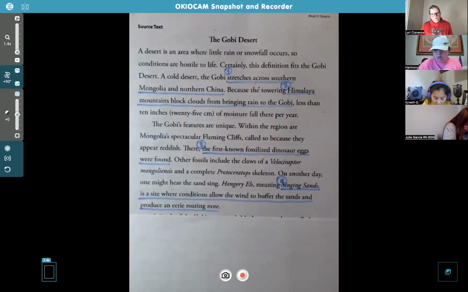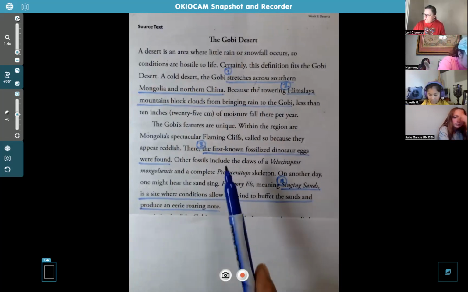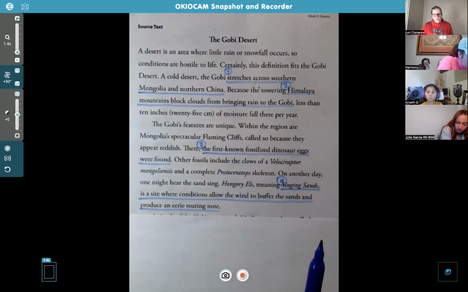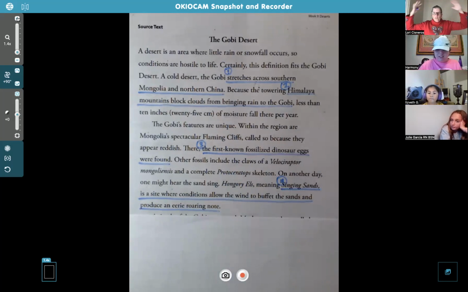So there's some other facts that are in there. You probably saw that. They're talking about these cliffs, and then they're talking about other skeleton bones and stuff like that. Those are kind of interesting facts, but remember what we're doing is taking a lot of facts and narrowing it down to what we think is the most interesting. Eventually, you're going to be deciding this on your own for your own paper, but we're still practicing this together because it's kind of new for you.